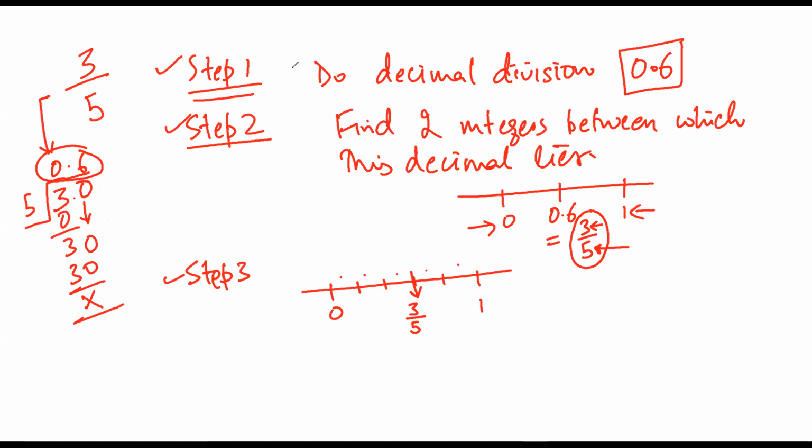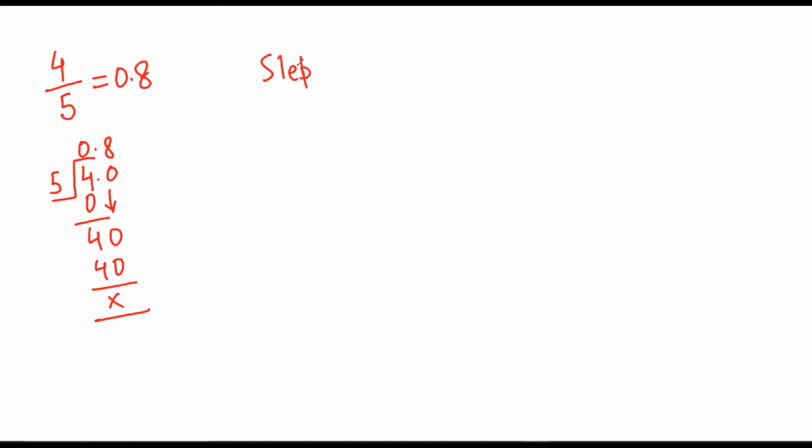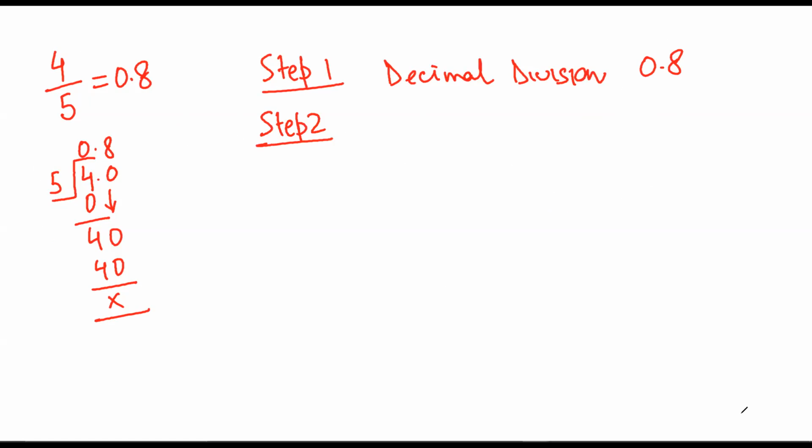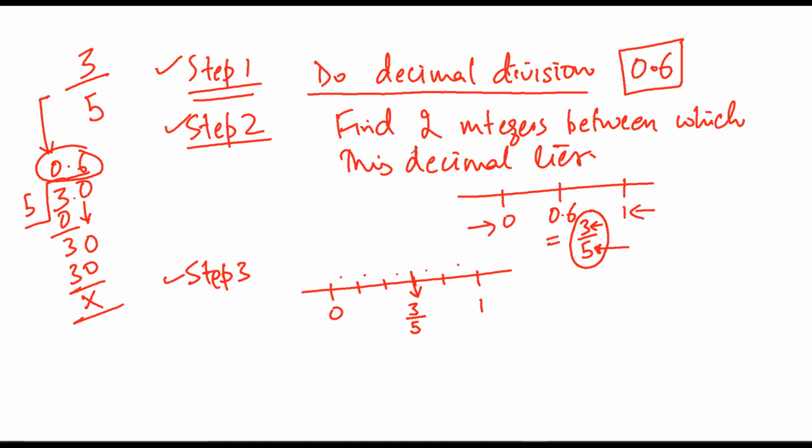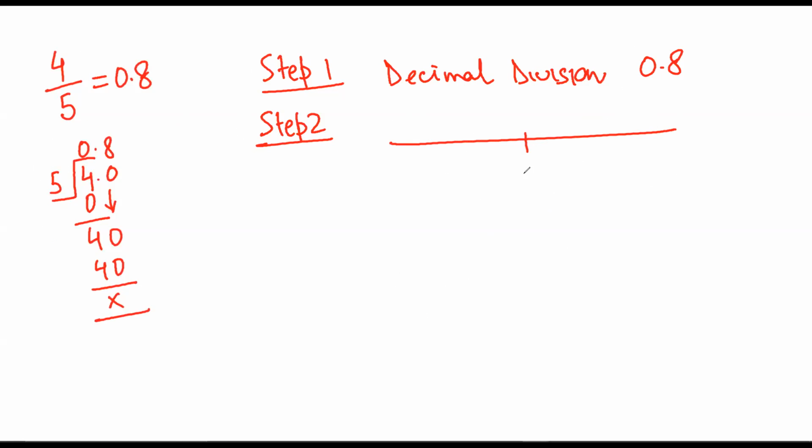So when I do decimal division in step 1, my answer is 0.8. Step 2, find two integers between which this decimal lies. So this decimal will lie between which two integers? 0 and 1.